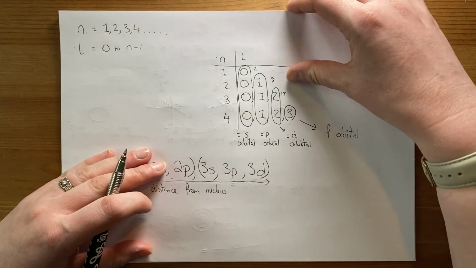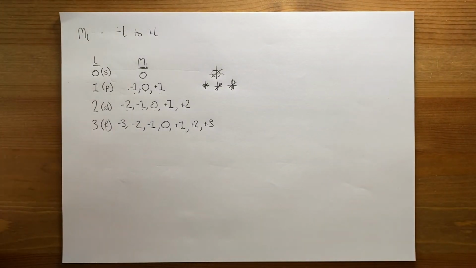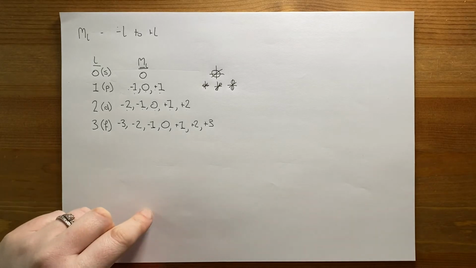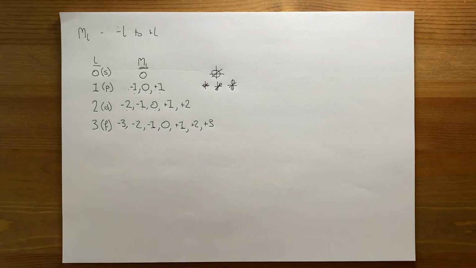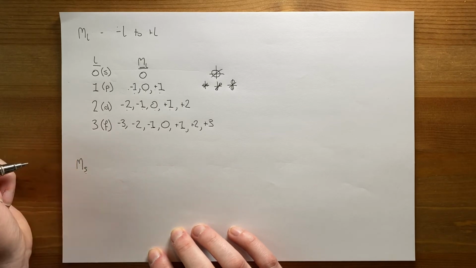Now there's one final rule to think about, there's one final quantum number to think about when we are talking about this, and that is m subscript s. So m subscript s is telling us about the spin. So that's where our s comes in, spin.